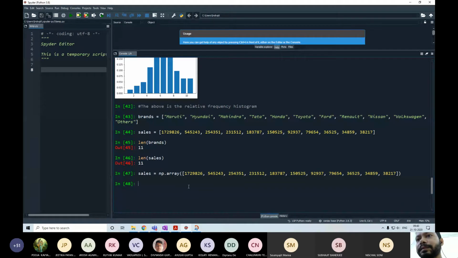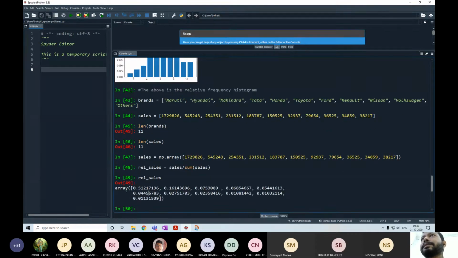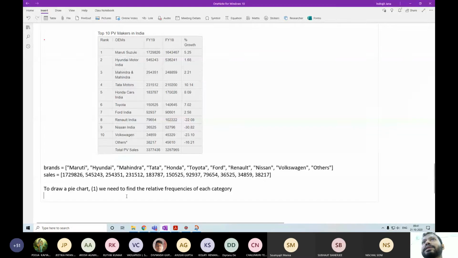Let's call it the relative sales, which is sales divided by sum of sales. If I call this, you will see the relative frequency of each category. Basically, these are the market shares of different brands in the last financial year of passenger vehicle. So let's copy that and put it here. So relative sales.